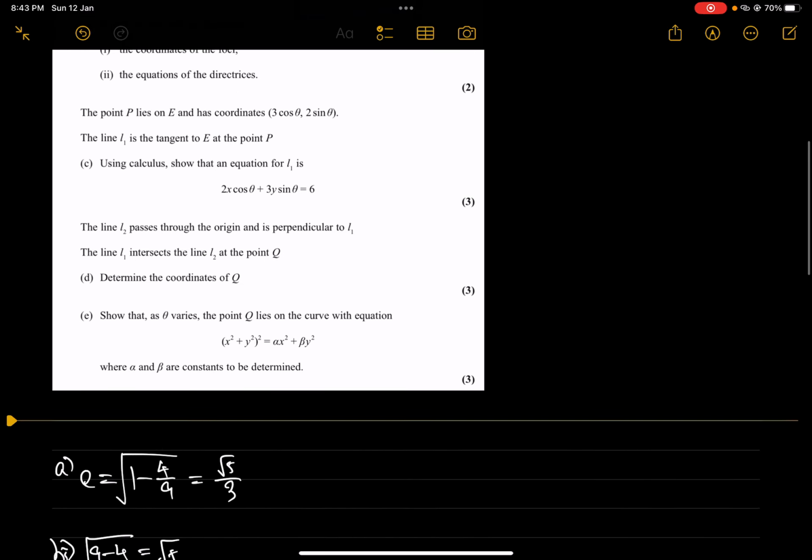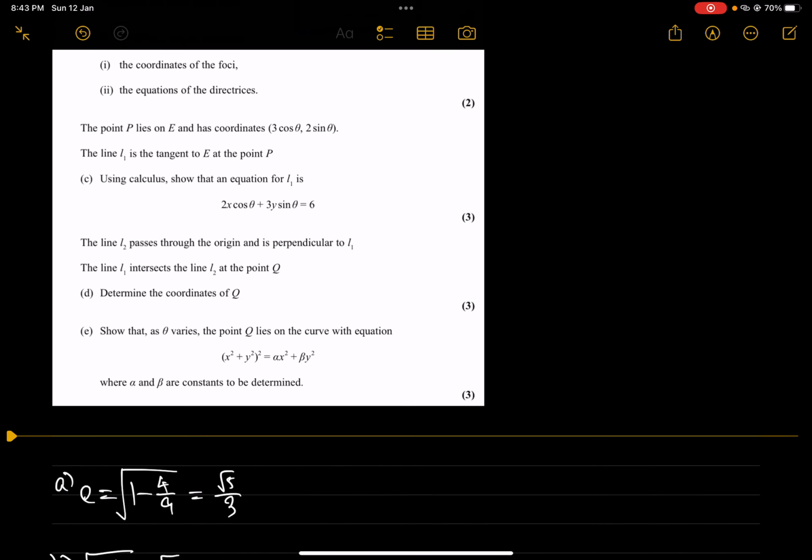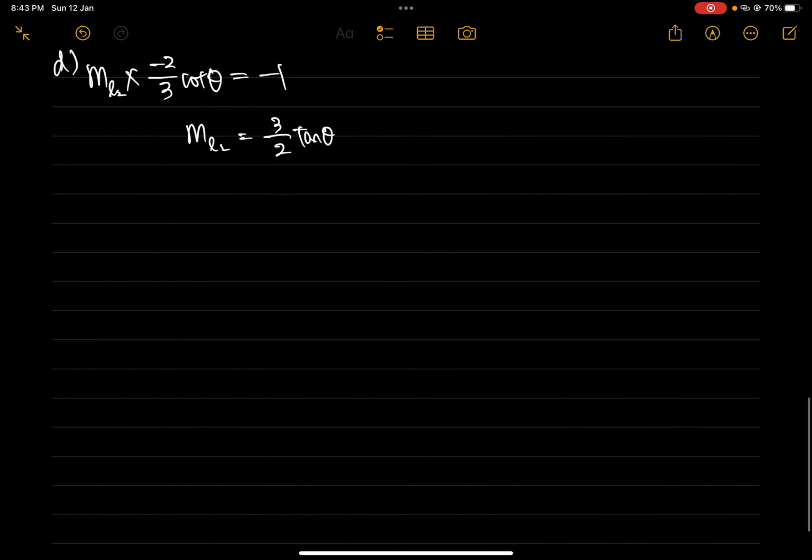And as it intersects the origin, L2 is y over x is equal to 3 over 2 tangent theta, which implies L2 is also, we wouldn't need that for the time being.